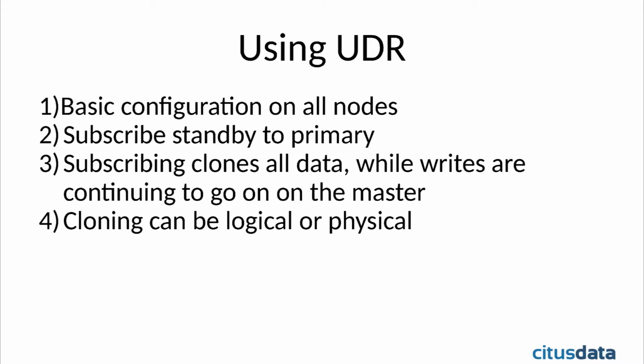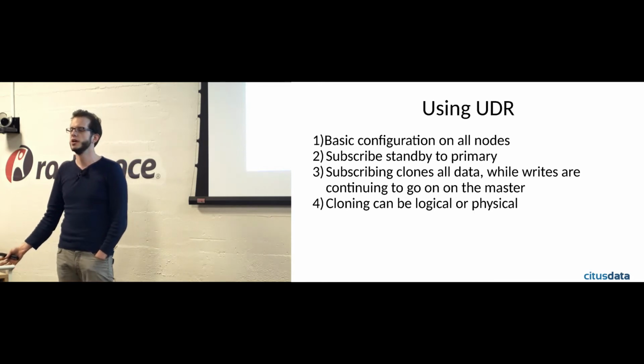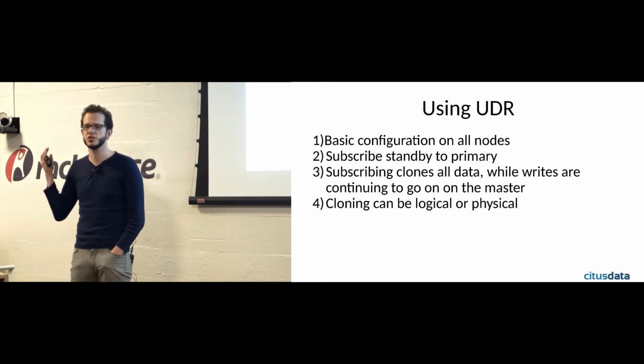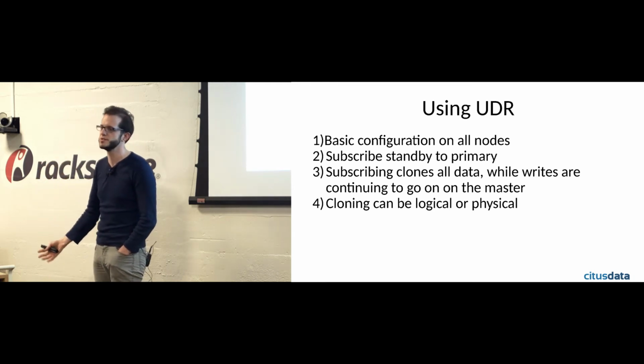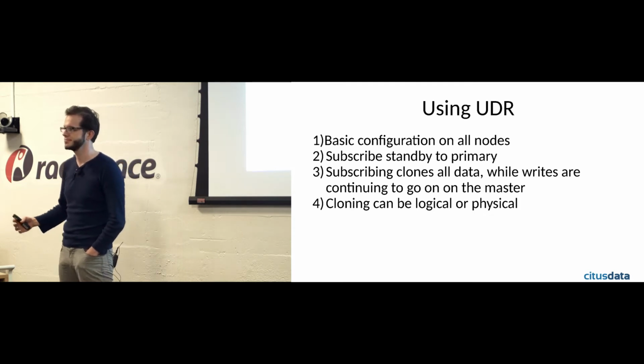So what do you have to do to use UDR? You have to make a couple of configuration changes on the individual nodes. These changes are pretty similar to what you have to do for normal streaming replication, because there's actually quite a lot of common code between streaming replication and UDR or BDR.